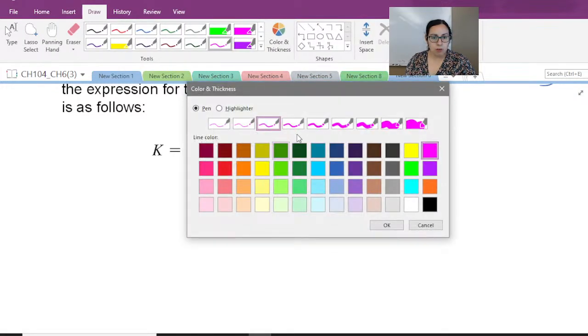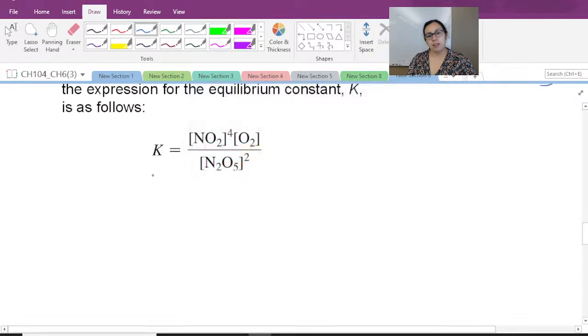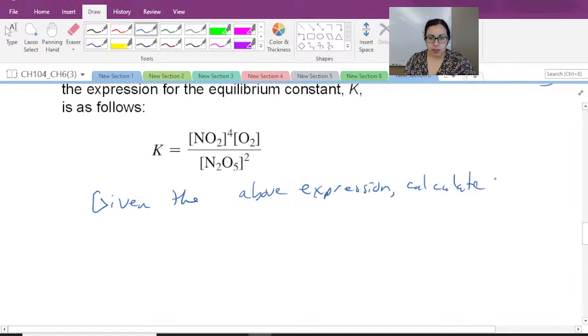And so we could have a question that says, given the above expression, calculate the equilibrium constant.